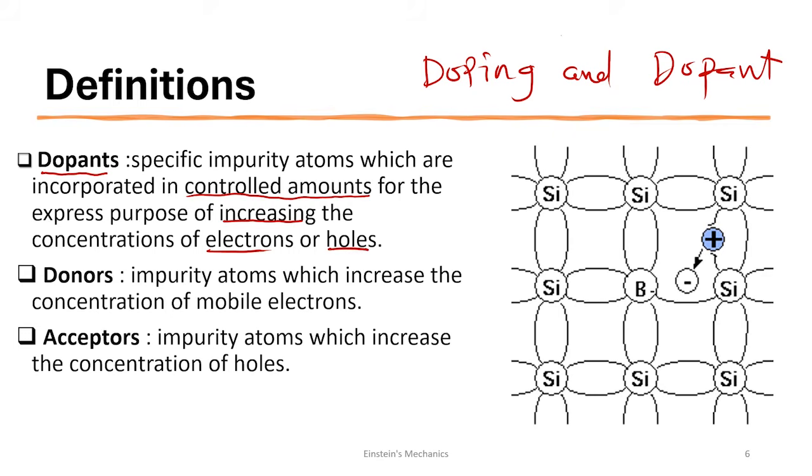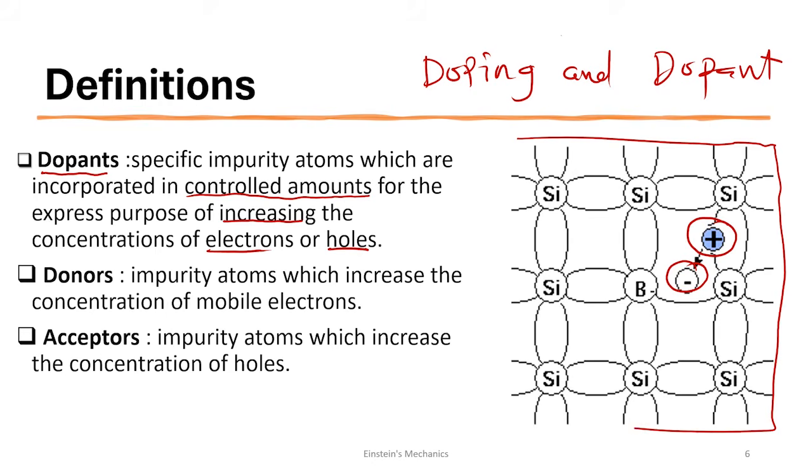So basically the idea, when you look at the diagram here, is that we are either adding a negative to the structure, the atom, in order to increase the electrons, or we are going to add a positive to it. This positive adding means we are going to take out the electrons so that we will be left with holes, the positive charges, in a way to alter the conductivity of this silicon atom.